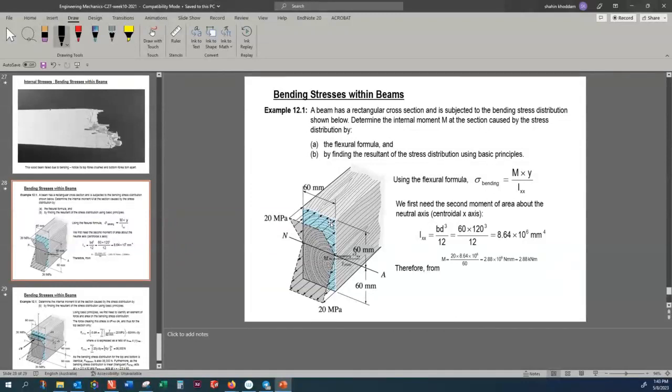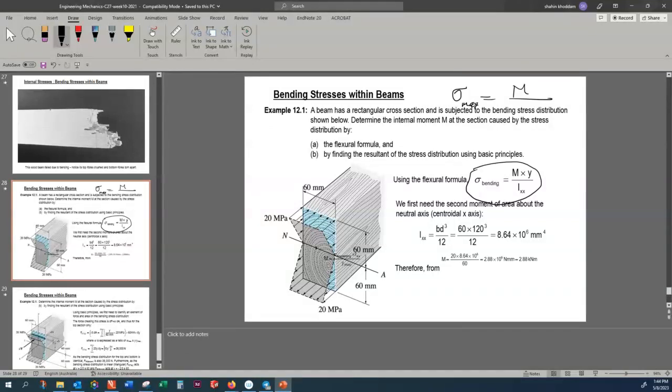Just by looking at this equation, can you tell me, in the y direction, what is the maximum bending stress? M is uniform for the entire cross section and doesn't change. If I pick my point along the neutral axis, what would be the value of y?